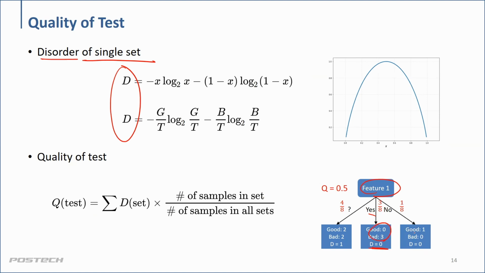Because it's ordered. And this one is half and half, so d is equal to 1. We can compute the disorder for each set based on this definition of disorder.